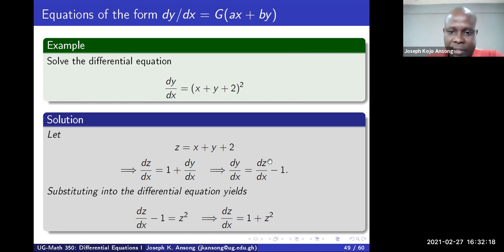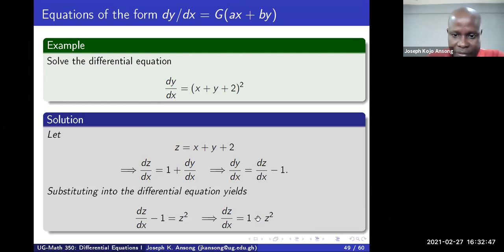Then dy/dx will be dz/dx minus 1. If you substitute back in, in place of dy/dx I'm going to have dz/dx minus 1, and in place of the bracket I'm going to have z squared, because we made a substitution. Then I can take 1 to that side, and I get dz/dx is equal to 1 plus z squared.